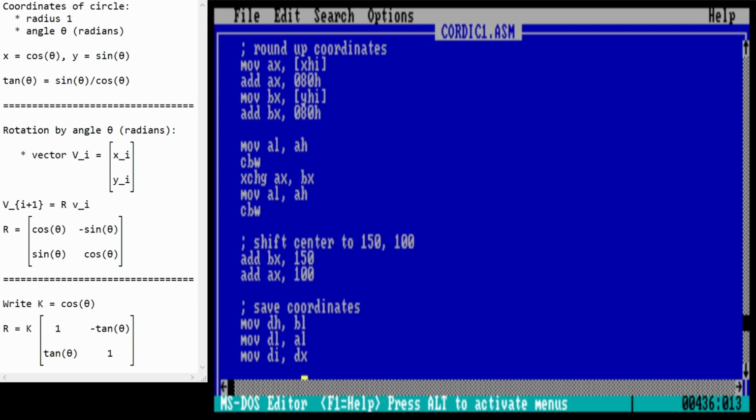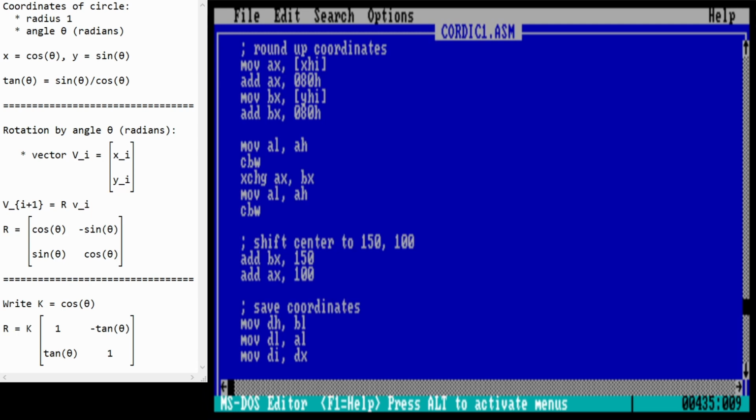But notice that they're now unsigned values, and so what we can do is just take the low 8 bits and save those. That's all the information we need. And so I decided to put them into the DH and DL register and move it from there into DI. And I chose DI to save these coordinates because this is not messed up by the CORDIC routine. It's actually preserved by the CORDIC routine.